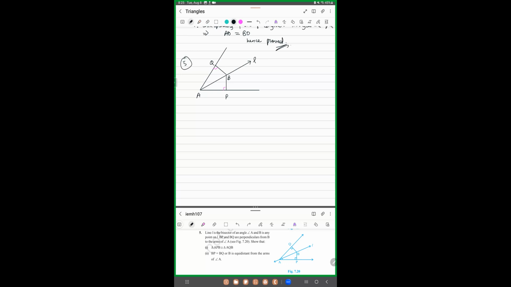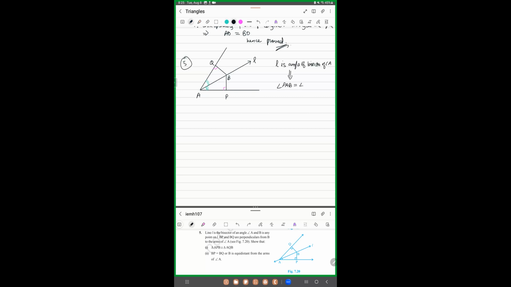You have to show that. And one more thing is given to you, that this angle is equal to this angle. Okay. How do we know it is equal? Because L is the angle bisector of A. That means angle PAB, which is this one, is equal to angle QAB, which is this one.